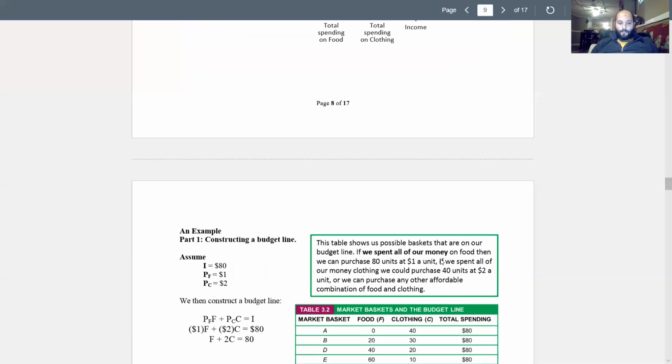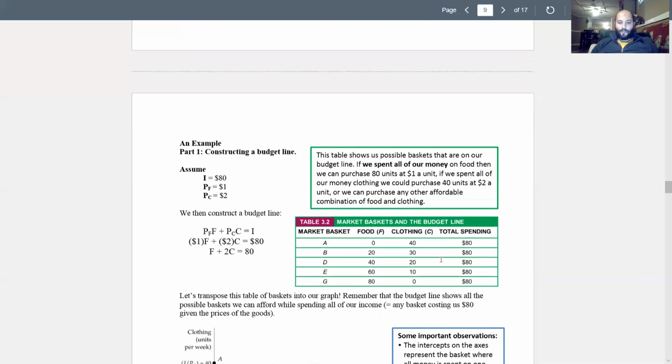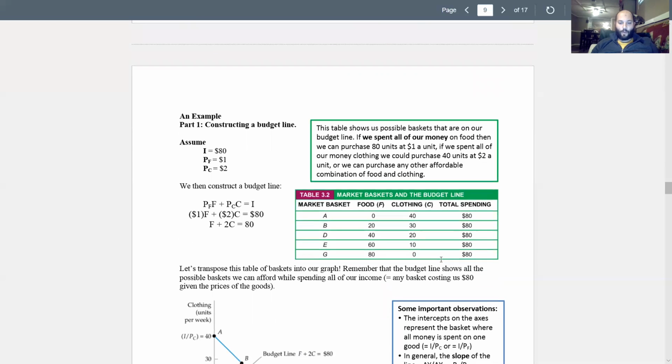What this budget constraint is going to show us is, if we have a particular budget, what are all of the possible combinations of goods that we can purchase? So suppose our income is I and the price of food is $1, price of clothing is $2. This table is showing us a bunch of different combinations that are all on the same budget line, all add up to $80.